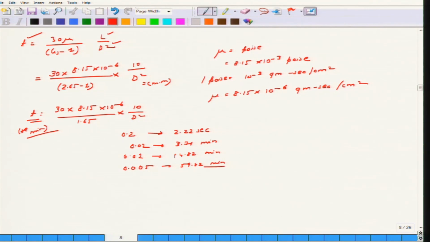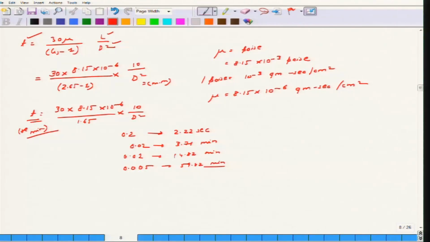Now this formula is actually different from the formula that is covered in the slides, but I will come to how this formula can be derived from the formula presented in the slides. This is a general way in which you can find out the diameter of the particles for a hydrometer.